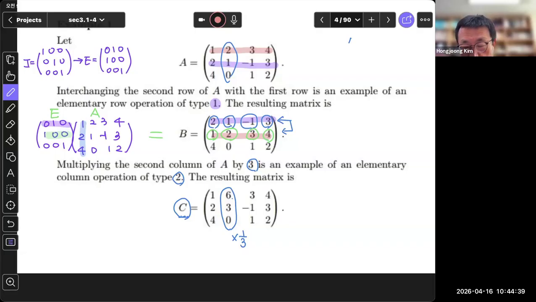So if I perform the same scaling operation on the 4 by 4 identity matrix, in the case of a column operation, you need to post multiply the elementary matrix. So the identity is now a 4 by 4 matrix.